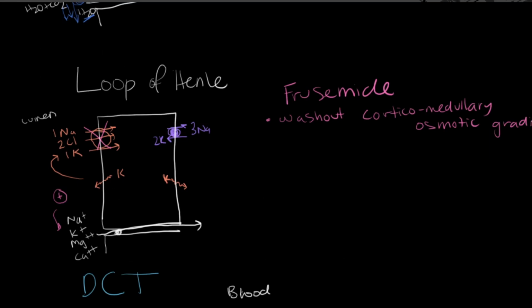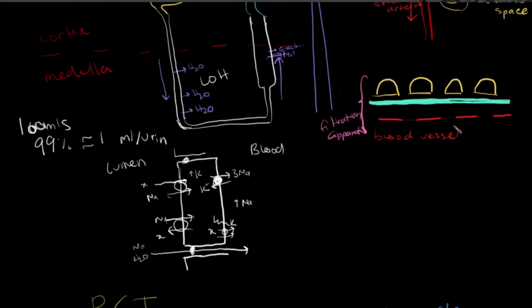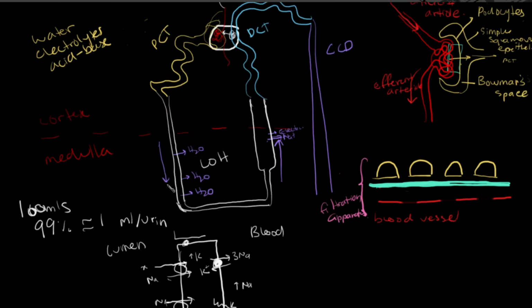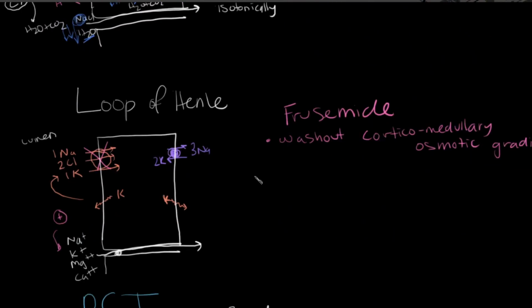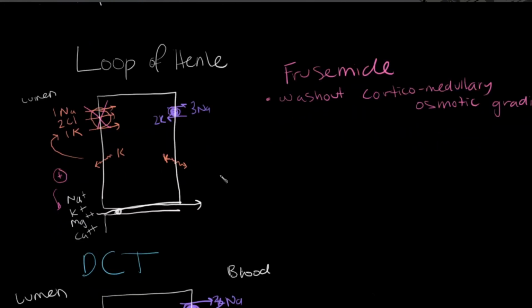And if you remember from renal physiology, in the medulla it gets more and more concentrated as you go down the loop of Henle. This corticomedullary osmotic gradient is essentially how water is absorbed in the descending loop of Henle.